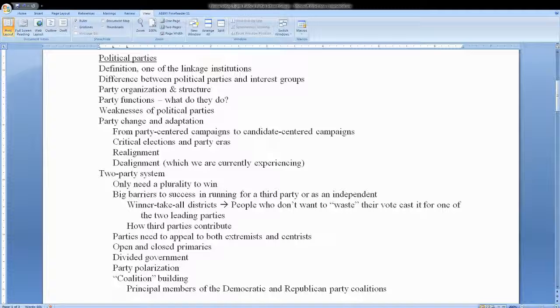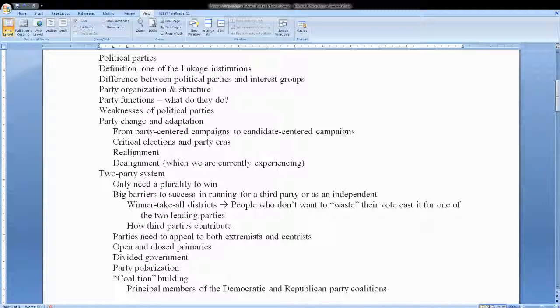Now, we all know that there are many barriers, and they are large ones, to running as an independent or as a third-party candidate. The problem is the winner-take-all congressional districts, especially. To win the district and basically in the end to win the population for the electoral vote, there's only one person who's going to take anything.